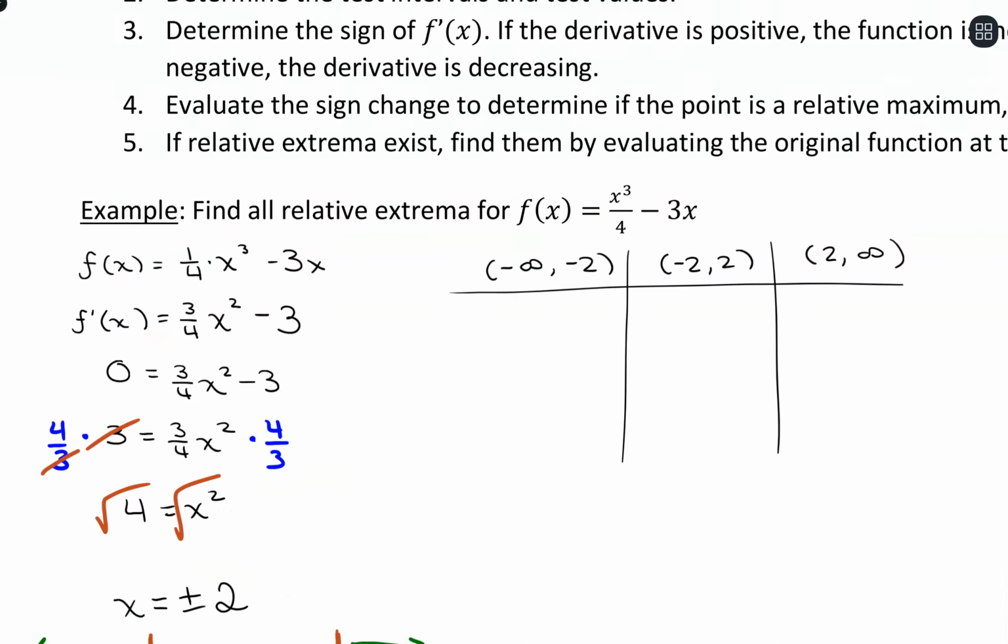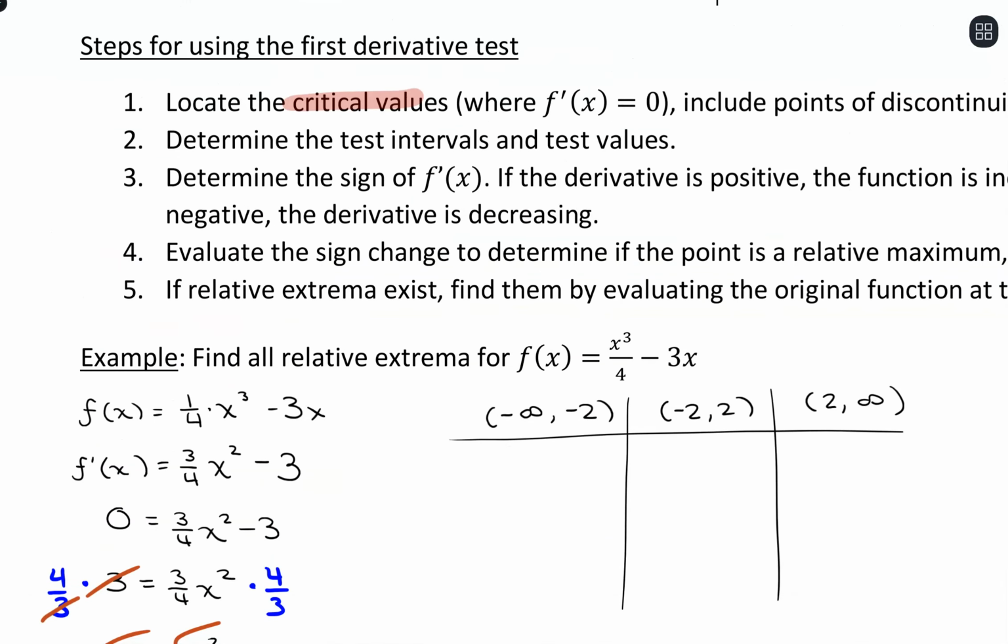All right, so there are my test intervals. And what we're going to do is choose a value in each of these intervals to test. So my next step, I'm going to have some test values. And we're just choosing values that are in that interval.